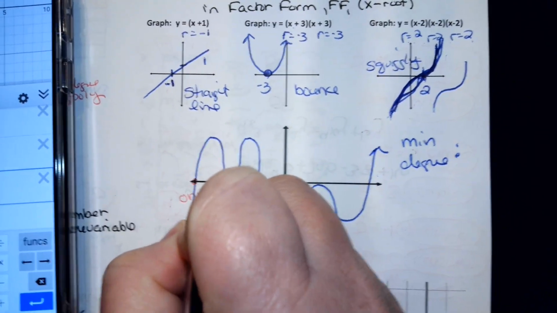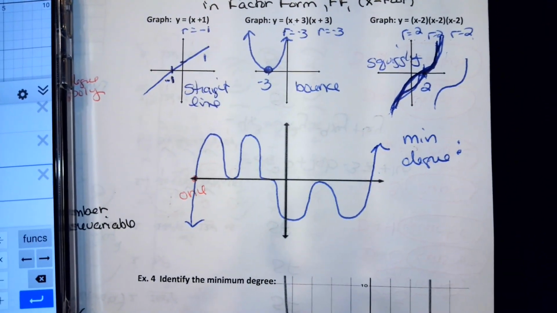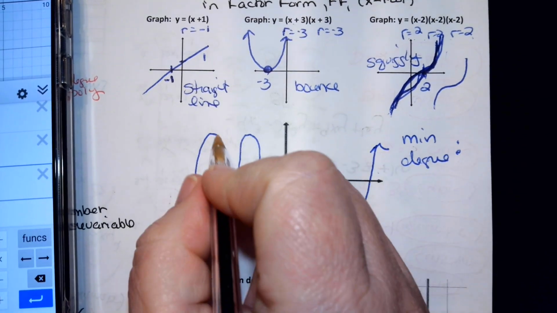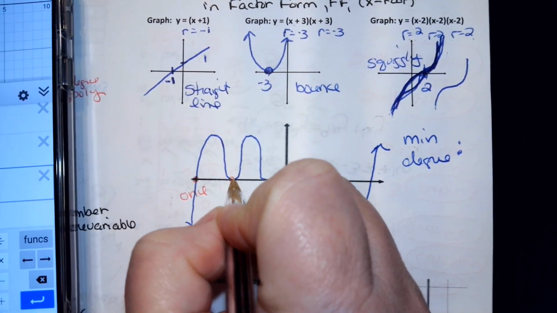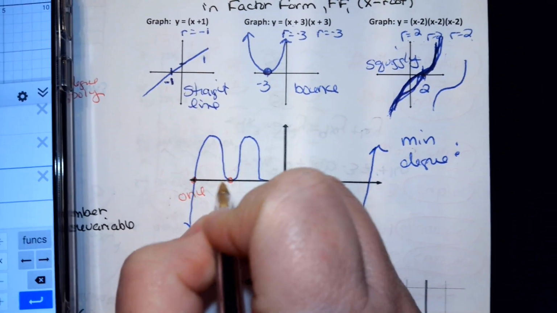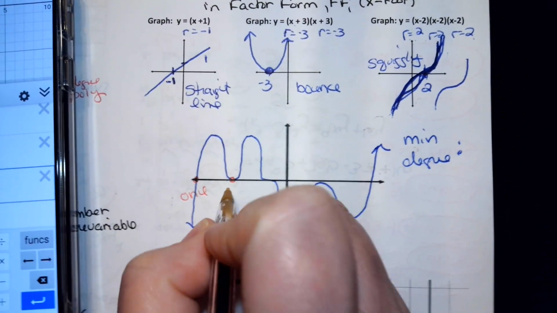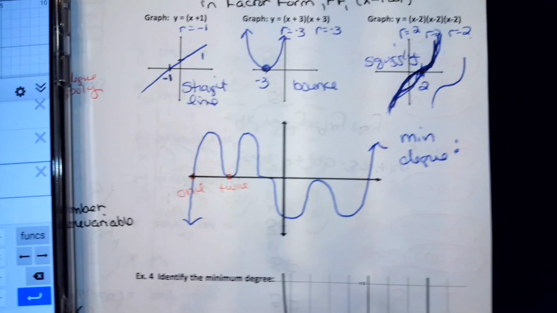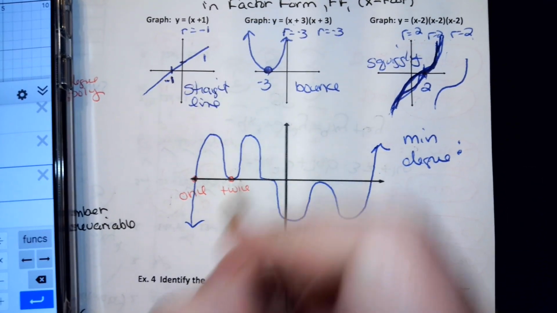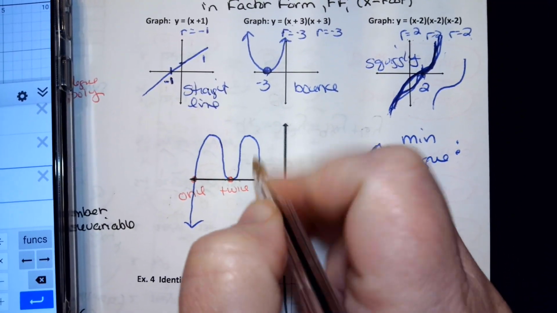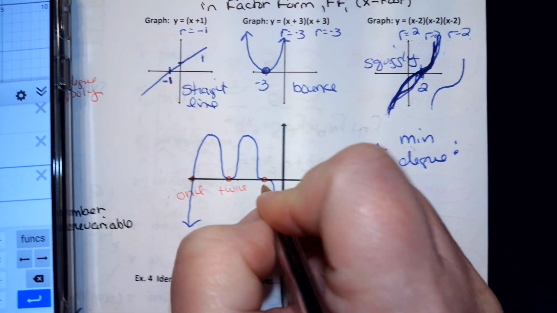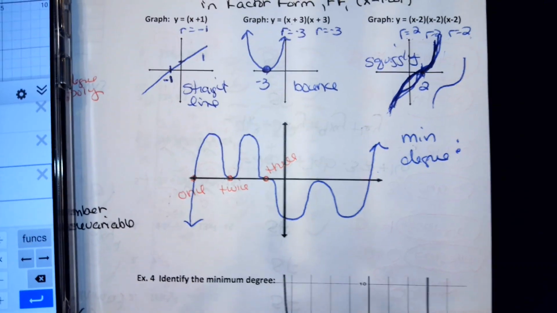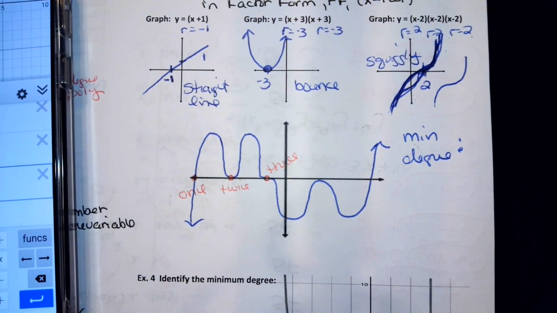So that root right there, that distinct root is used once. This right here is a bounce. So whenever you have a bounce, whether it's opening up or opening down, it's used at least twice. When you have a squiggly line, it is used at least 3 times. You have to use that root 3 times.